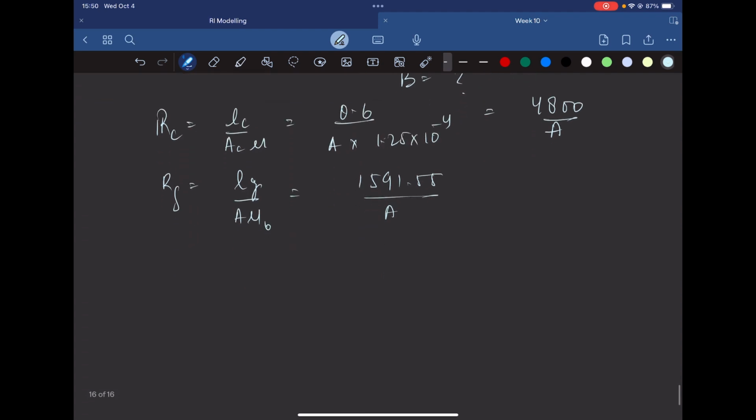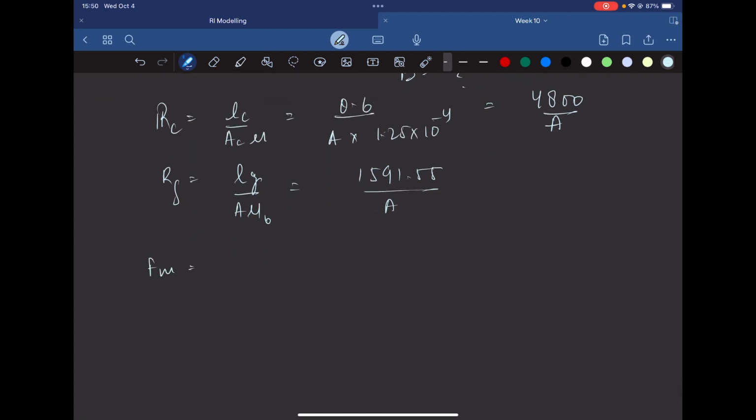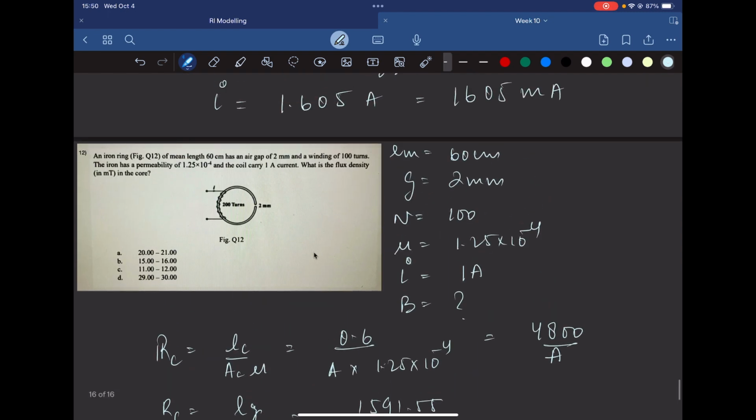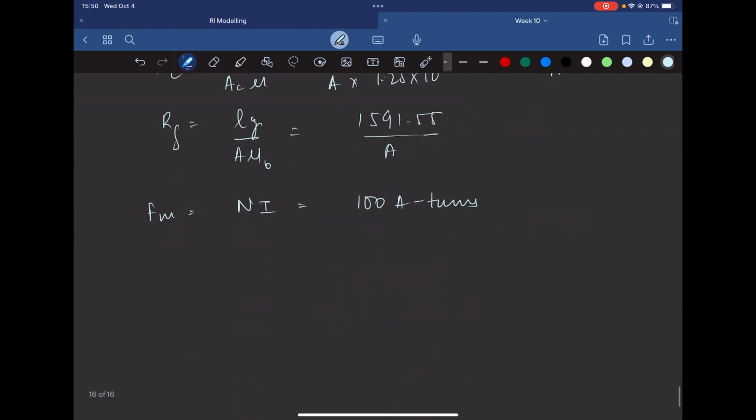So Fm is N times I, which is 100 ampere turns. 100 turns and it's carrying a current of I.